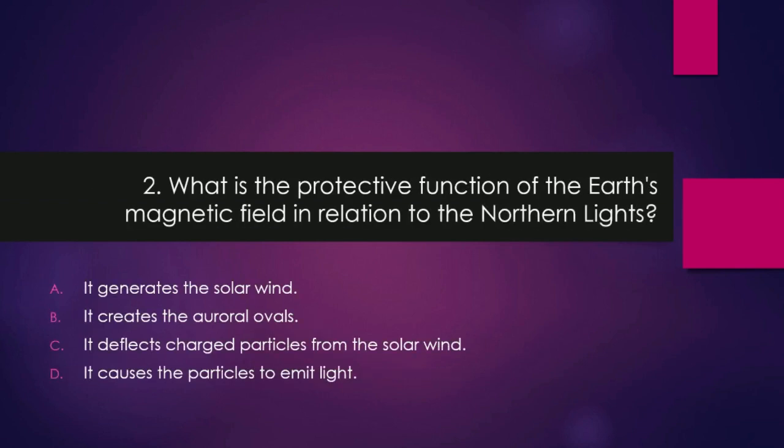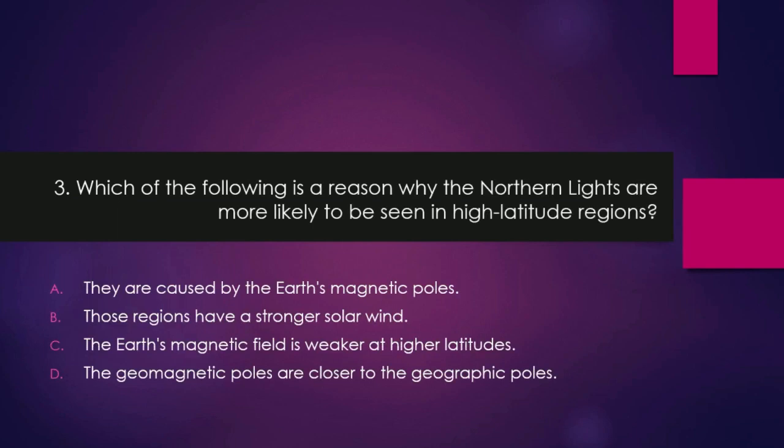What is the protective function of the Earth's magnetic field in relation to the Northern Lights? Three. Which of the following is a reason why the Northern Lights are more likely to be seen in high-latitude regions?